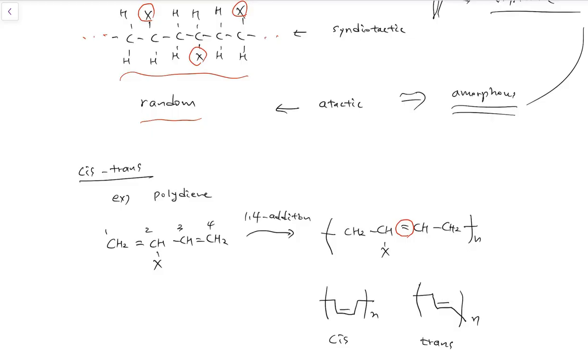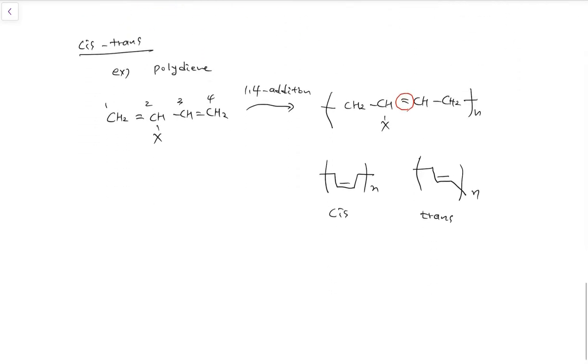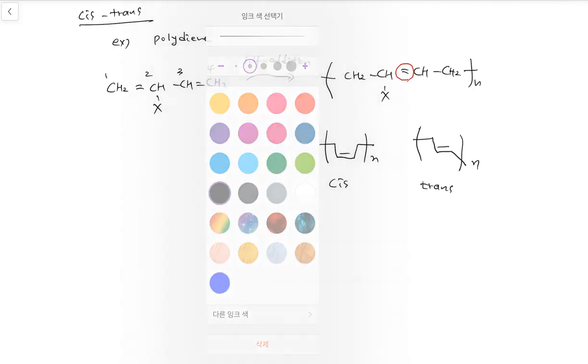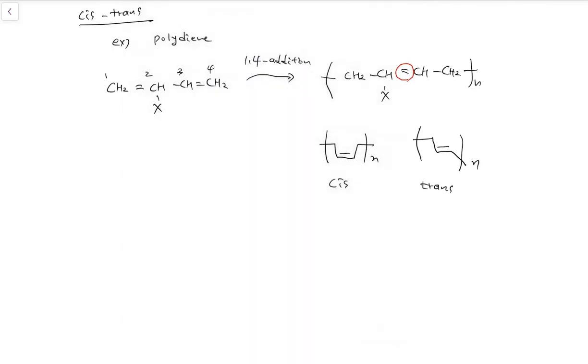There is also another concept of polymeric structure, which is conformation. Conformation exists because polymers are connected by covalent bonds.